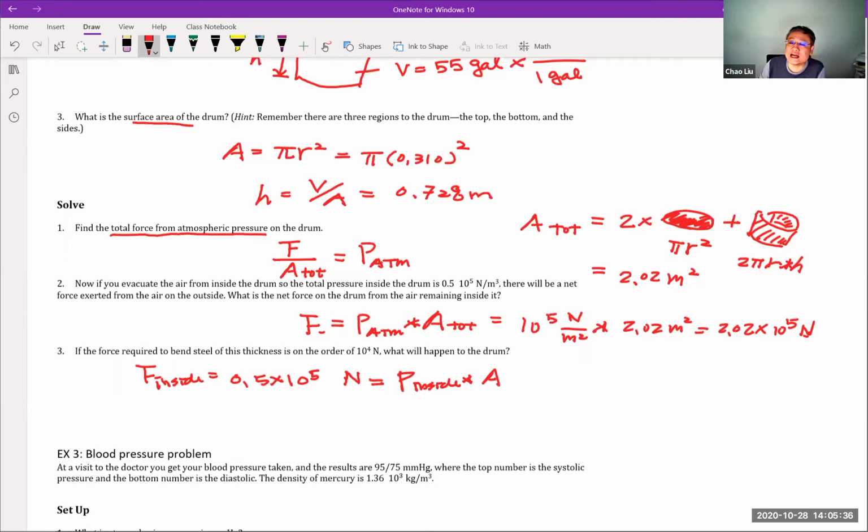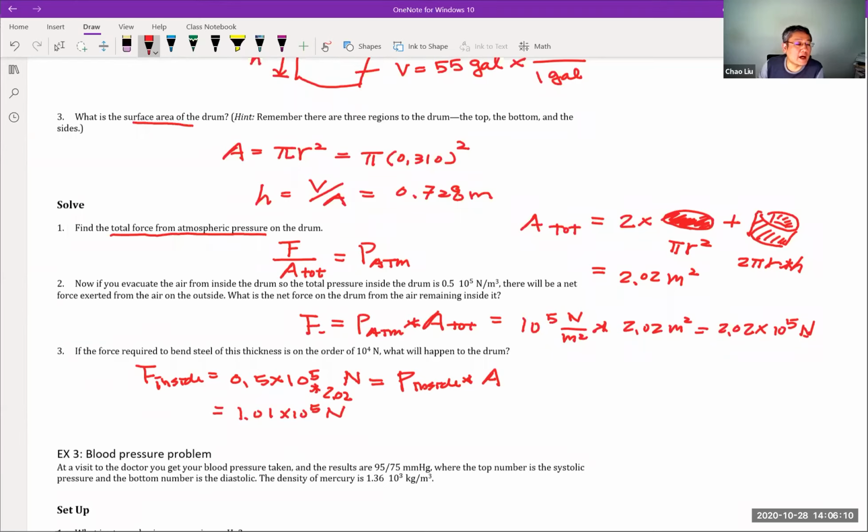Because you have two sides, one on the top and one at the bottom, you got the inside force to be half of the pressure times the area. So if you multiply with the area, 0.2, that will be your force of the inside. That means you got 1.01 times 10 to the fifth Newton.